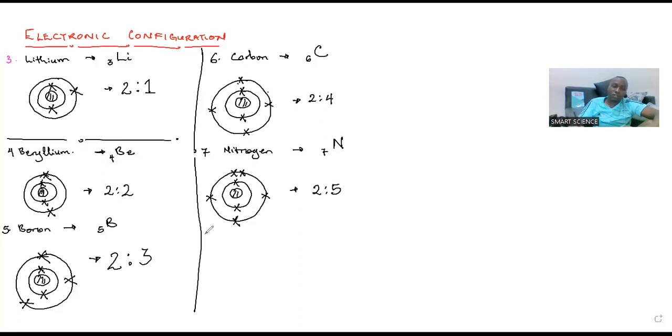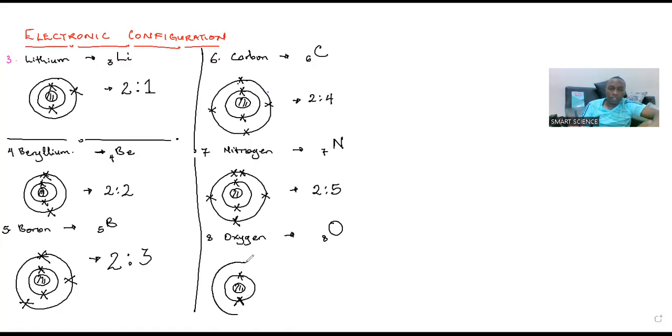Then from nitrogen, we shall meet element number 8, which is oxygen. Oxygen, which is capital O as its symbol. Atomic number is 8. Therefore, if we draw its structure, if that is our nucleus, first energy level is filled up by 2 electrons, that is the maximum number.